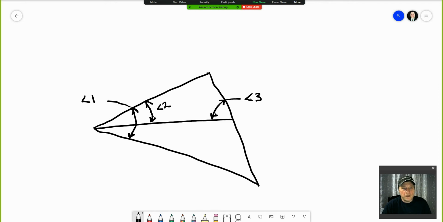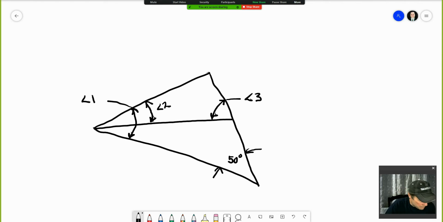So angle 1 is here, angle 2 is here, and angle 3 is here. And we're going to call this here 50 degrees. All right, so we've got 3 angles that have no dimensions. We have 1 angle that is clearly dimensioned.